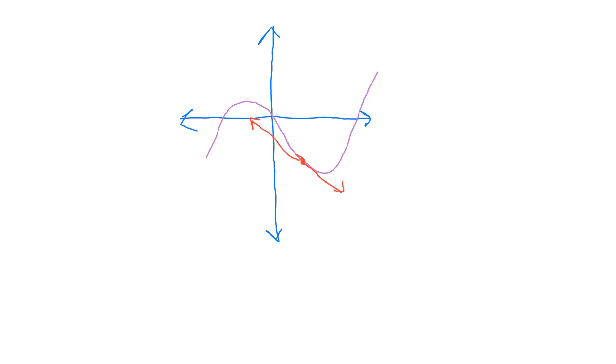So we have that point, but now, like I said, we have some function. This is our function f of x, and then this is our tangent line at a, f of a.